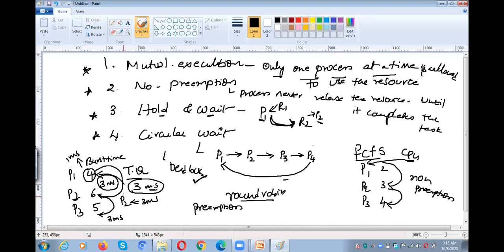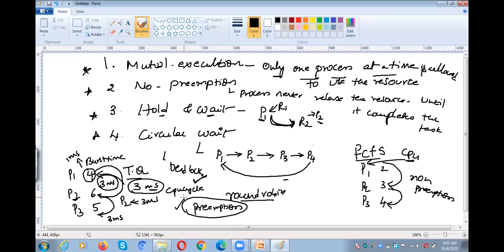After 3 milliseconds, we forcefully take the CPU from the process and allocate it to some other process for 3 milliseconds. That is the reason why in round robin we are forcefully taking a resource from a process. Here the resource is CPU time, the CPU cycle. That is the reason why round robin comes under preemption.